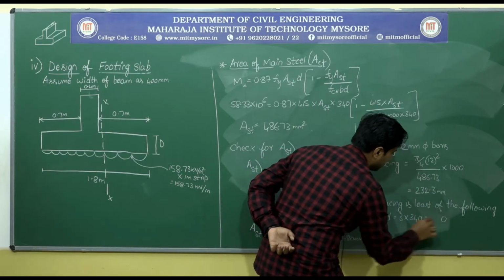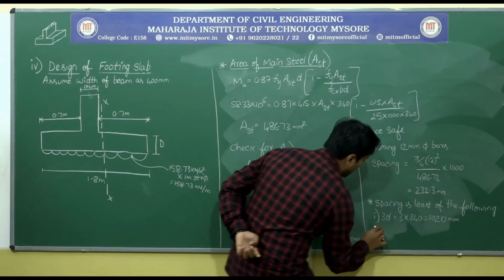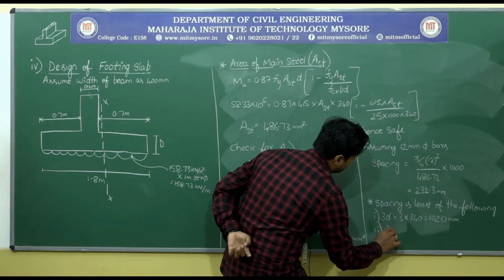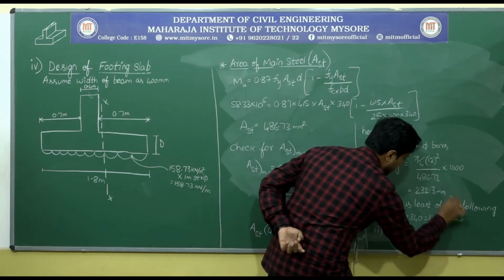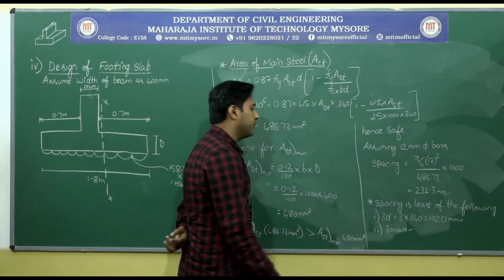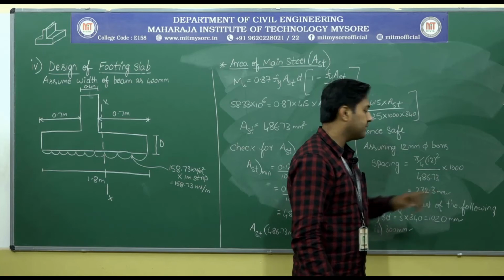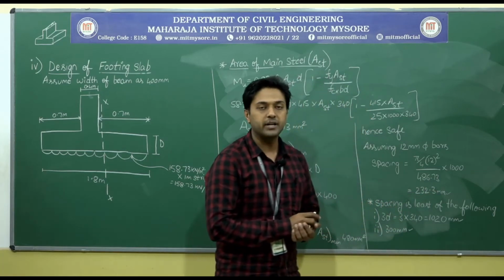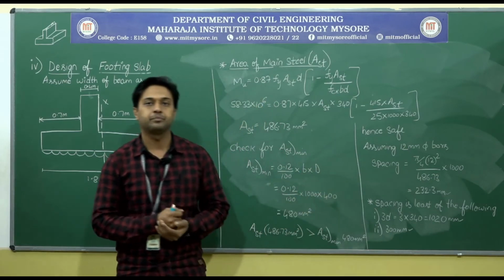So 3 zeros are 0, 3 fours are 12, 1 carry 1, 1020 mm, or 300 mm. So out of these, which is least, will go with that. So here the least is 232.3 mm. So can we go with 200 or 225?